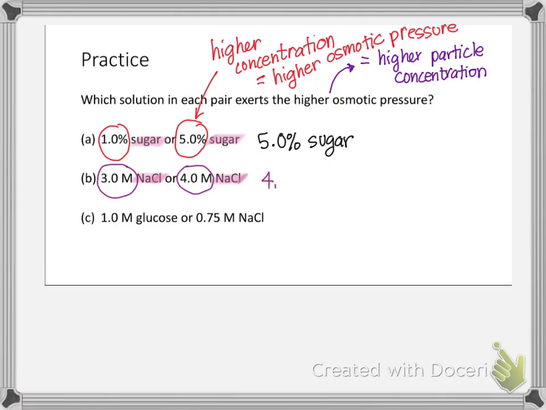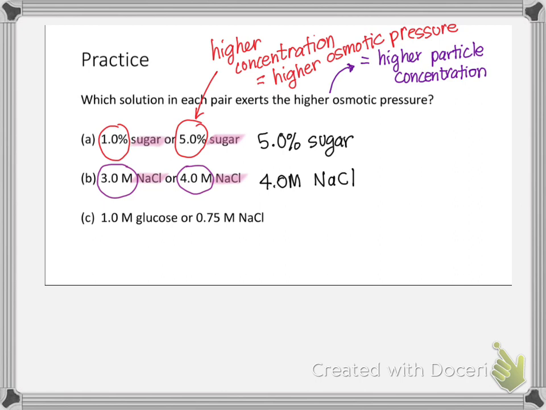Since they're both sodium chloride, the higher concentration would have the higher osmotic pressure. So in both letter A and letter B, because the same chemical is on both sides, we just have to look for the higher concentration, and that one would have the higher osmotic pressure.